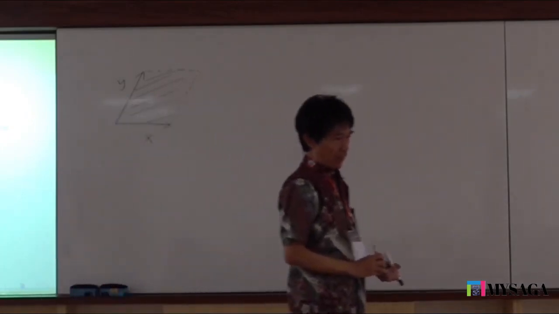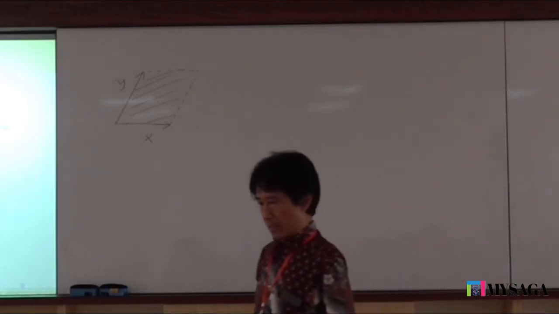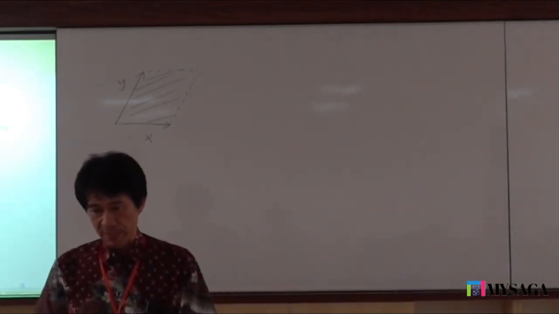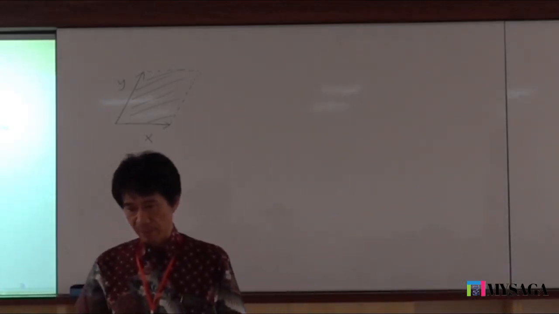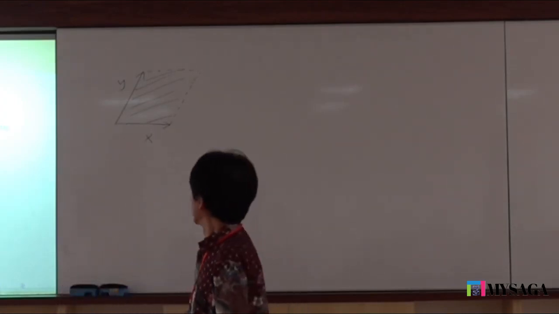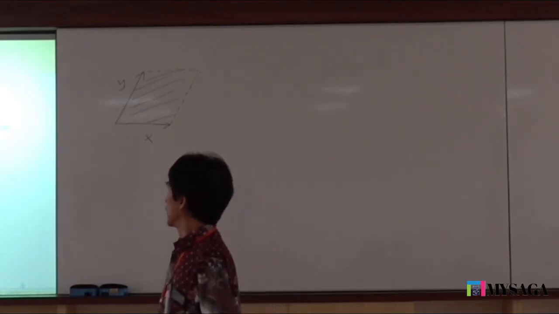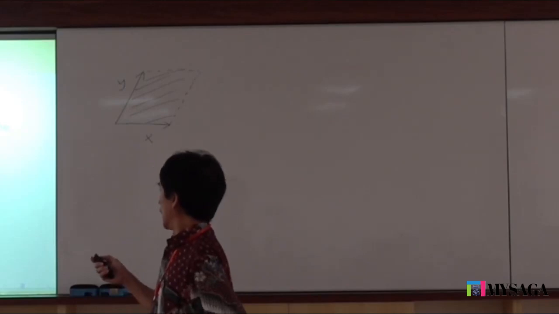From high school we know how to compute the area of the parallelogram: base times height, and to find the height you have to project the vector on the base and so on. And then you multiply the base and height.